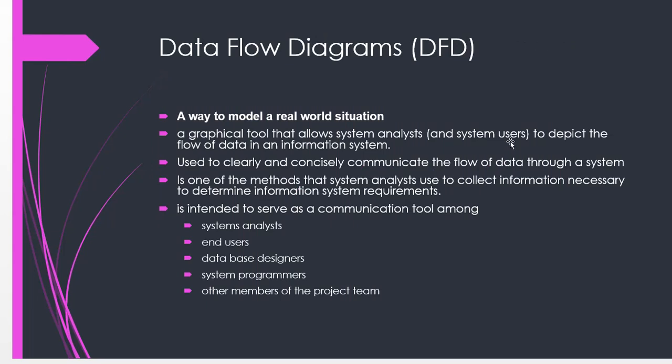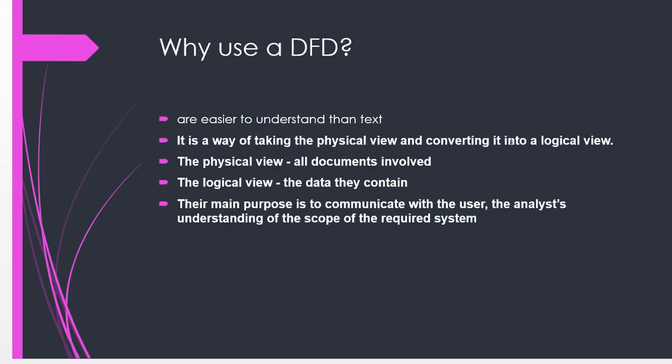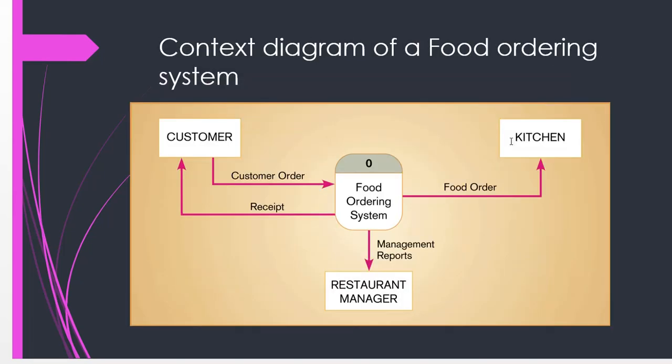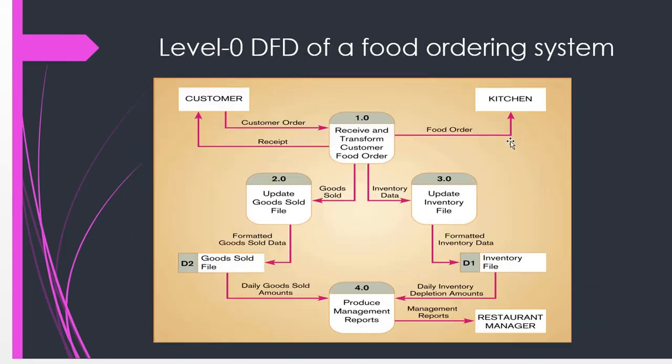What are data flow diagrams? Data flow diagrams are basically ways of modeling a real world situation. Usually it's a graphical tool that will allow the systems analyst to show the flow of data in an information system. If you look at both these diagrams, the context diagram as well as the level 0 diagram, it has got arrows and some of these funny shapes which we'll also discuss, and these arrows are demonstrating the flow of data between the system and its users.